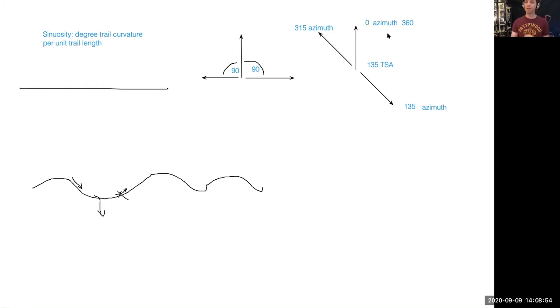Or it's exactly the same thing numbers-wise as 315 angle formed with the azimuth of 0. 45, right? 45, yeah. All right, and so the last step is sort of the interpretation of all of this. What have we got ourselves into with this trail?